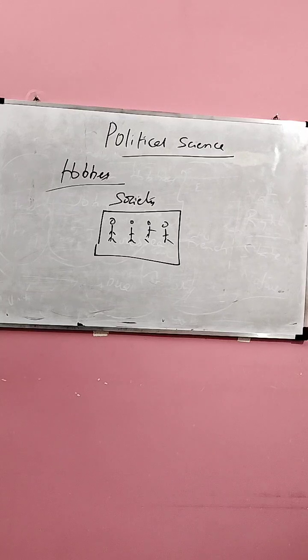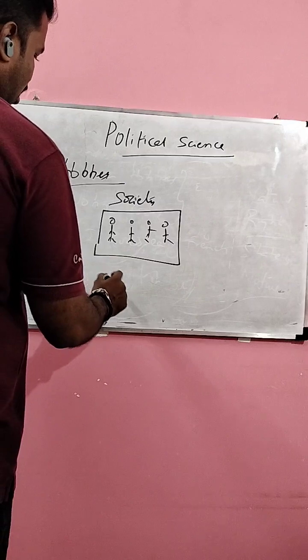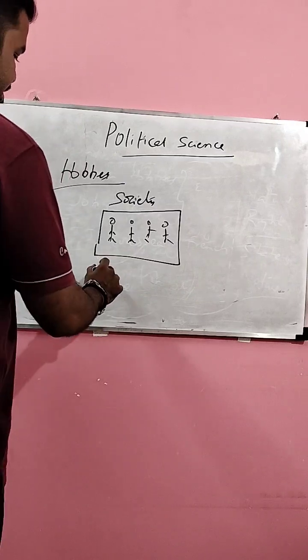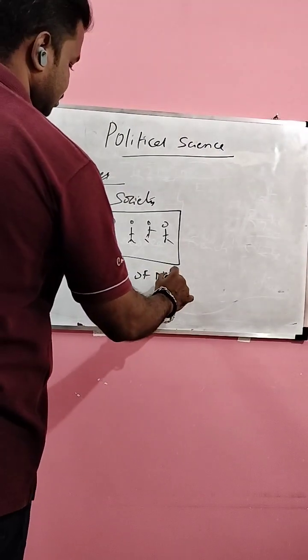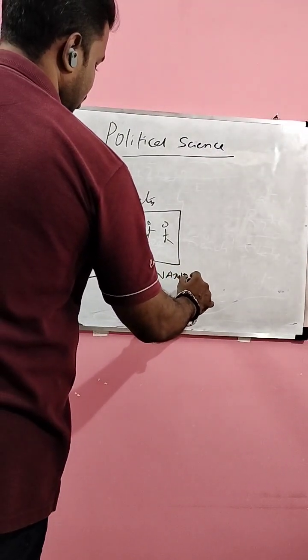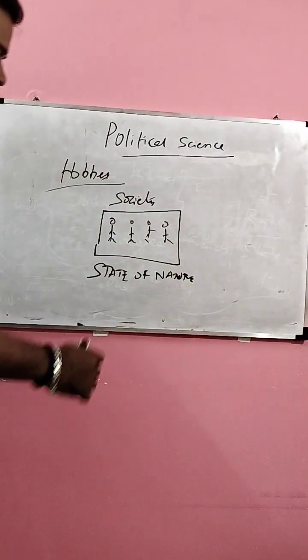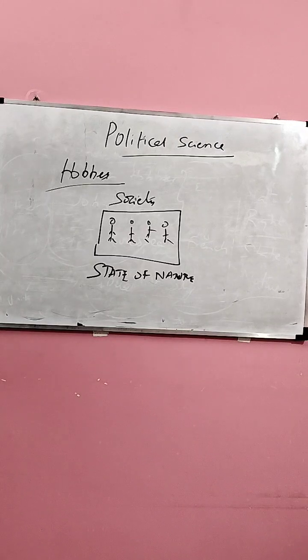Now, Hobbes calls this society or the group of people living as the state of nature. We can say that this was a nascent society, an infant society, yet to be evolved. State of nature.